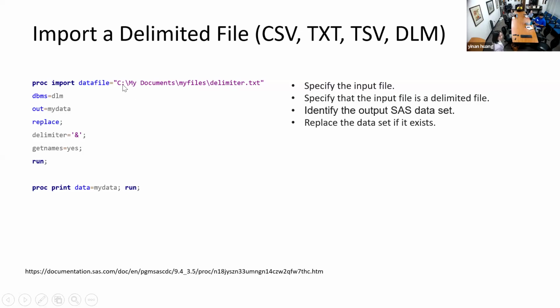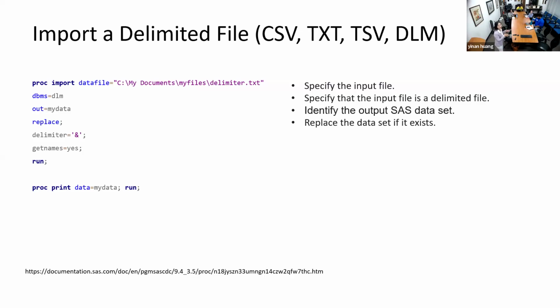So this data file is within this place, and you can definitely know the delimiter. The first one, like I said, specifies the input file, the path. Now you have DBMS. The DBMS specifies that this input file is a delimited file.